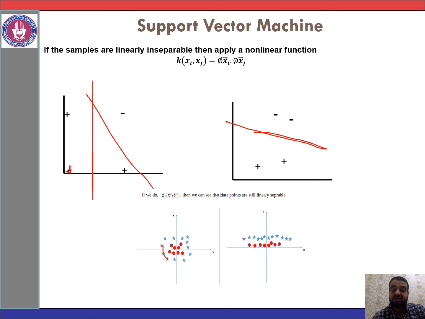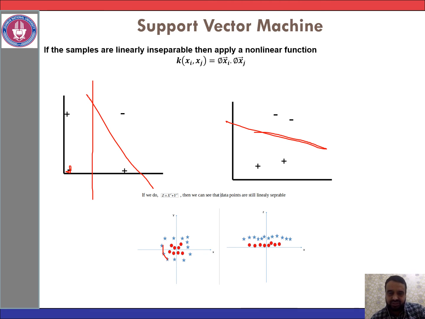So this is a non-linear representation of the data. This is non-linear data. How can we classify this kind of data using support vector machine? So if we transform this data into some other space to make it linearly separable, then we can classify this kind of data.